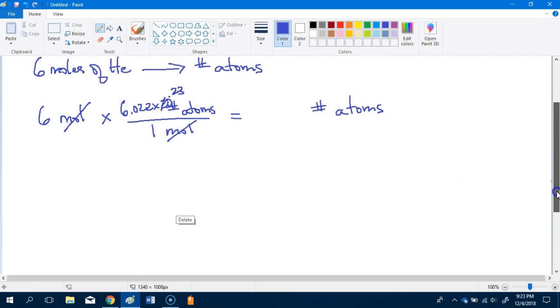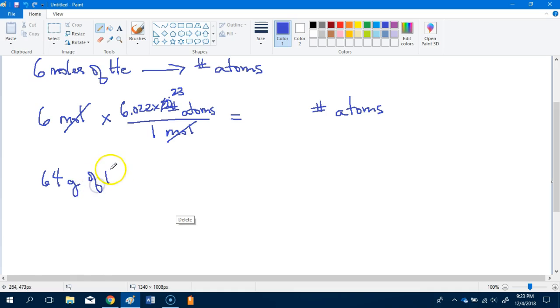Let me give you another example with a different conversion factor. Let's say we have 64 grams of helium, and we want to change that to moles of helium.